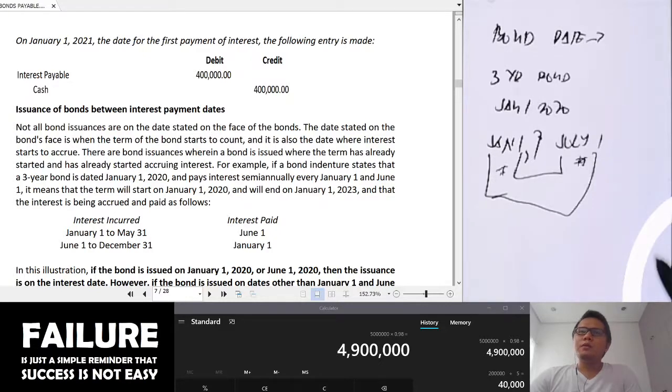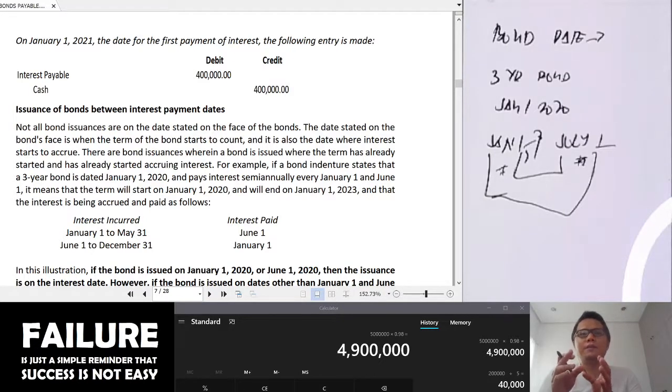Because if we issue bonds in between interest date, there is a certain portion na which has already accrued interest, and yet that particular portion is still not covered by the issuance, because after these dates pa tayo naka-release ng bond, di ba?